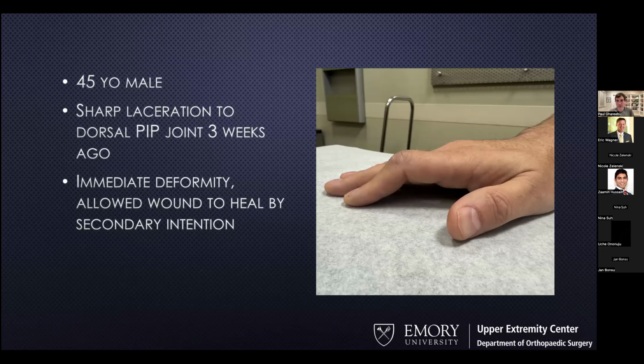Yes, and that's what the boutonniere deformity is: PIP joint flexion with DIP joint hyperextension. This guy walked in and you take one look at his finger and you kind of know what's going on, which is nice because it's not always that simple.